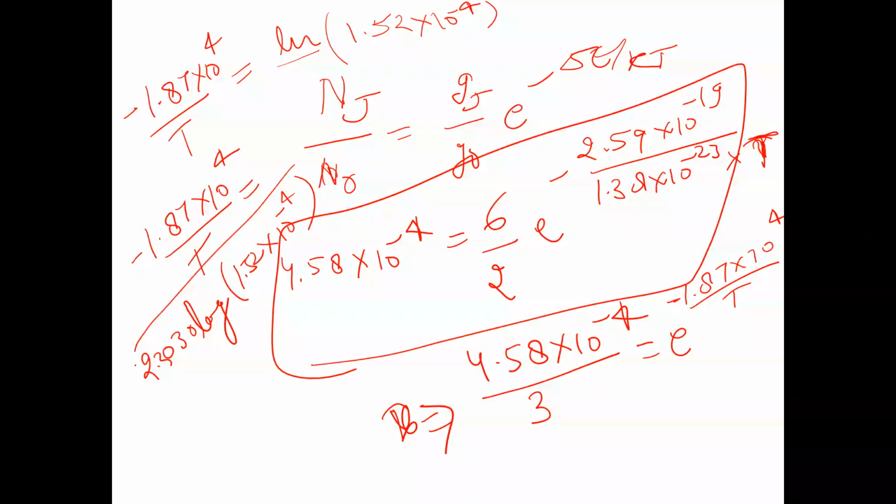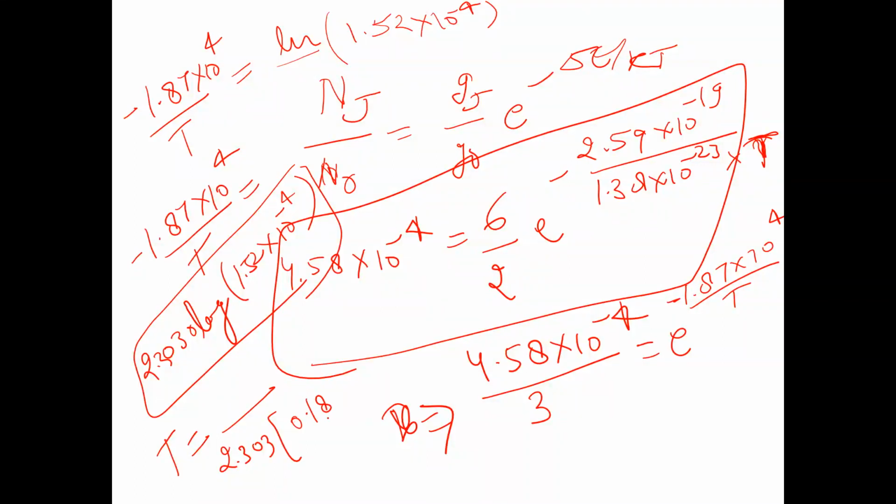So what will be the value of this term? You will get the answer for T. Let me do it: 2.303 times log 1.52, where log 1.52 will be 0.181 and it will be minus 4, right?